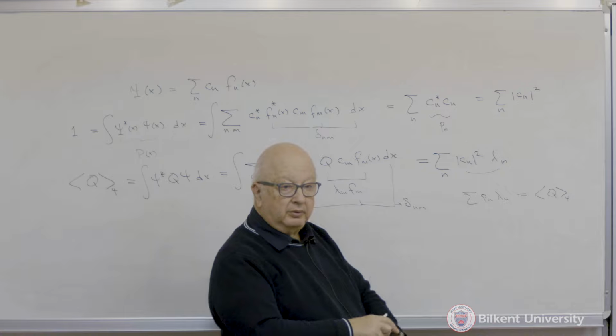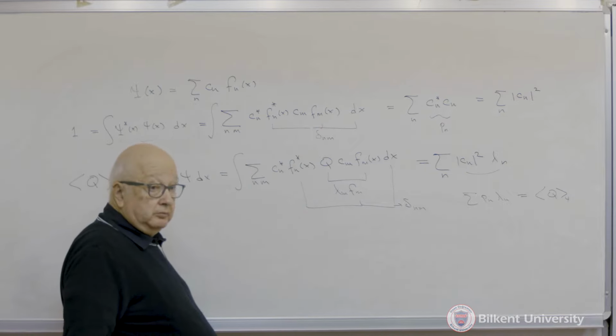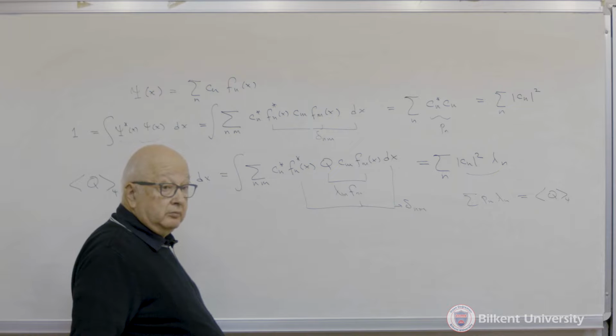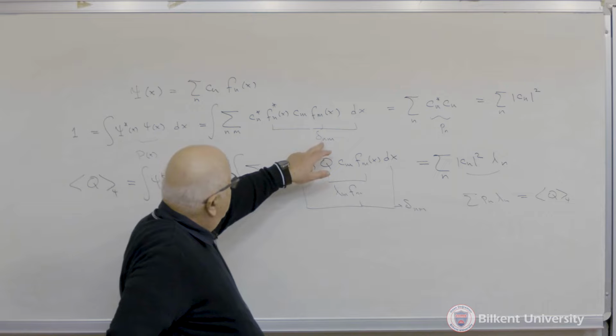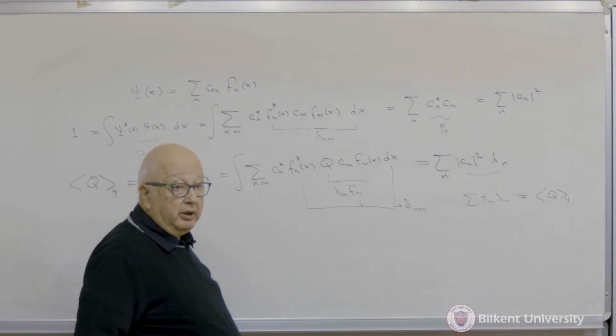Yes. Here, in this part where we wrote Cn star Cn, why didn't we write Cn star Cm? Because if n and m are different, the term is 0. Oh, okay.